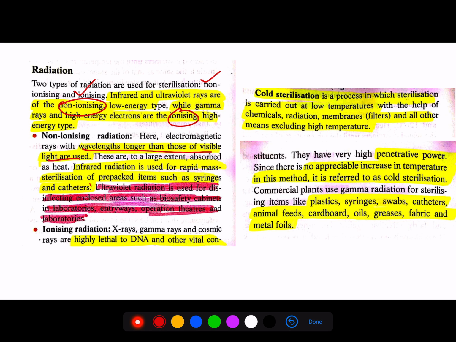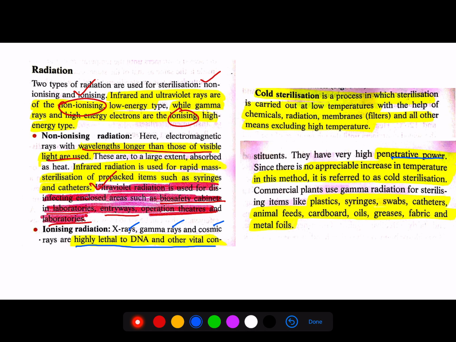Ultraviolet radiation is useful for disinfecting enclosed areas such as biosafety cabins in laboratories, and the entryways of operation theaters and laboratories. Next comes the ionizing radiations. The examples are X-rays, gamma rays, cosmic rays, which are highly lethal to DNA and other vital structures in the body. So they have a high penetration power.